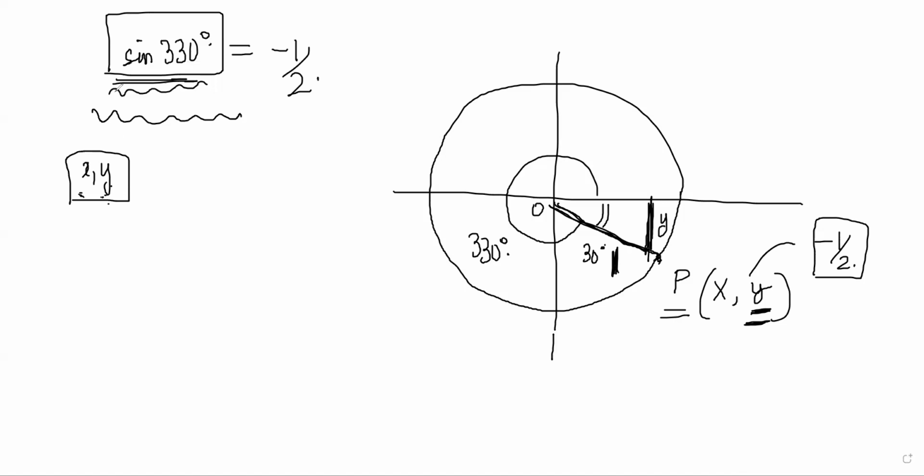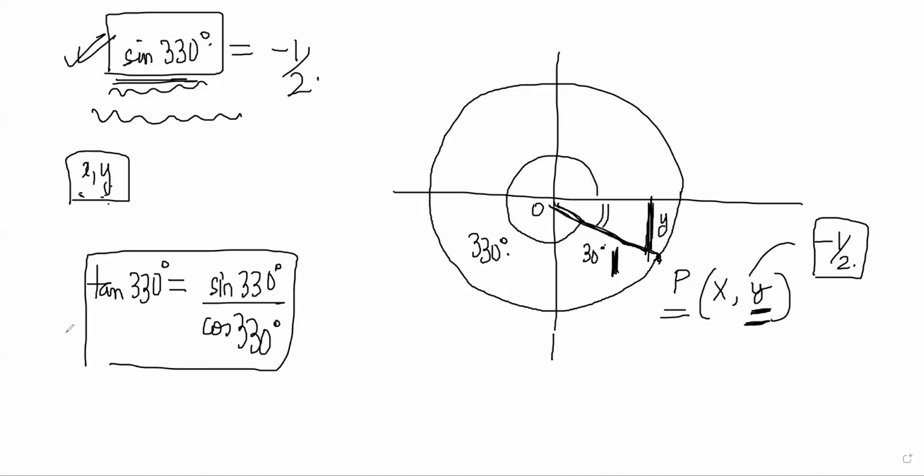Yes. If you know the cos and sine, obviously tan is easy. Tan is basically sine by cos. Once you know any ratio, all the other ratios can be found. I hope you know that. Yes, sir.